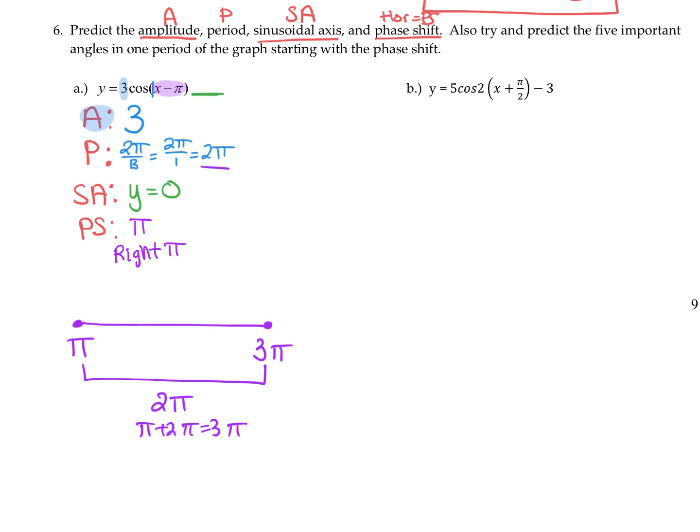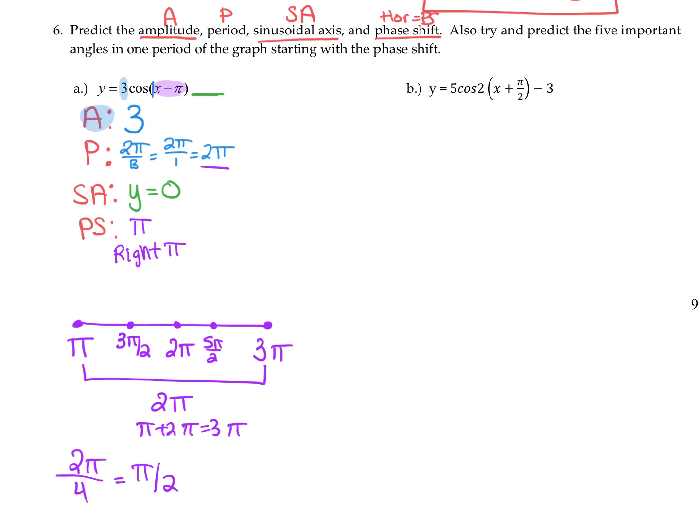I'm going to take the length of my period, which is 2 pi, and I'm always going to divide it by 4. And so that means my points are going to be pi over 2 apart. So if I do pi plus pi over 2, I'm going to get 3 pi over 2. Plus pi over 2, I'm going to get 2 pi. Plus pi over 2, I'm going to get 5 pi over 2. And then plus pi over 2, and I'm going to get 3 pi. And so those would be my 5 critical points.